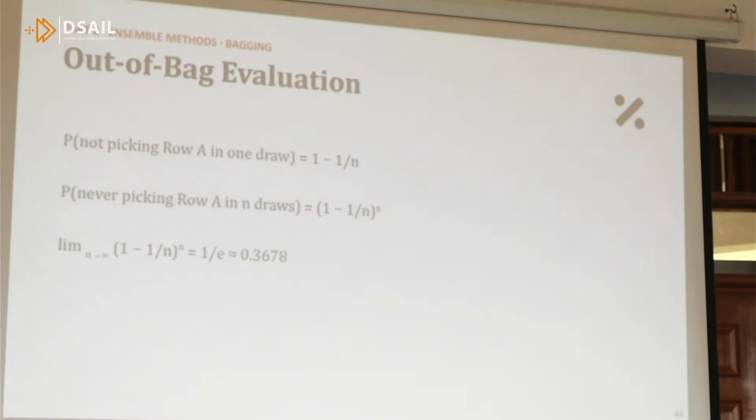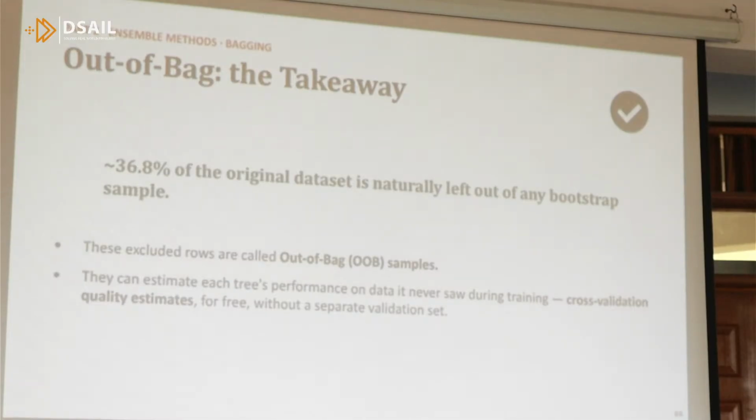That simply tells us that the probability a given sample will not be picked, as n tends to infinity, is about 36.78%. So however much you do that bootstrap sampling, roughly 36.78% of the data set, approximately, not exactly, will be left out.